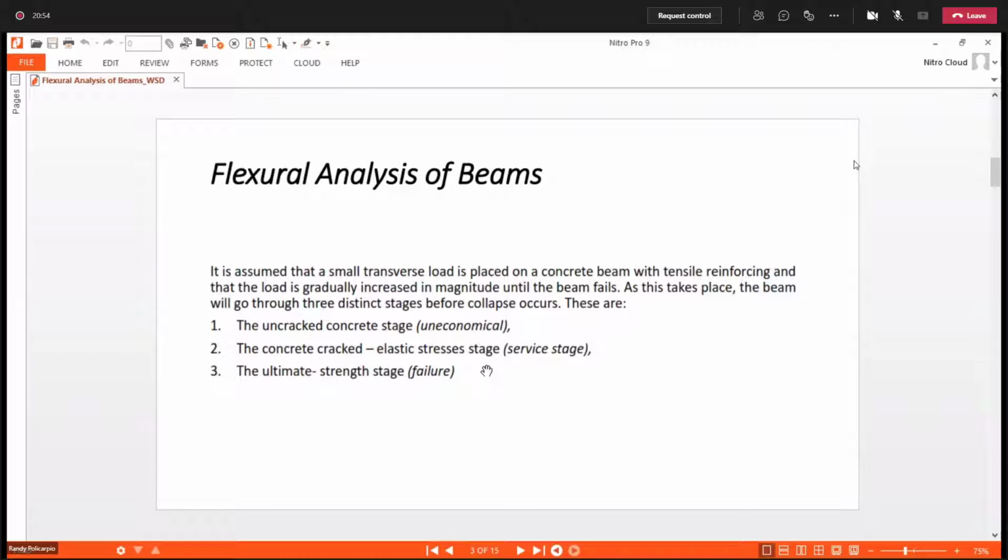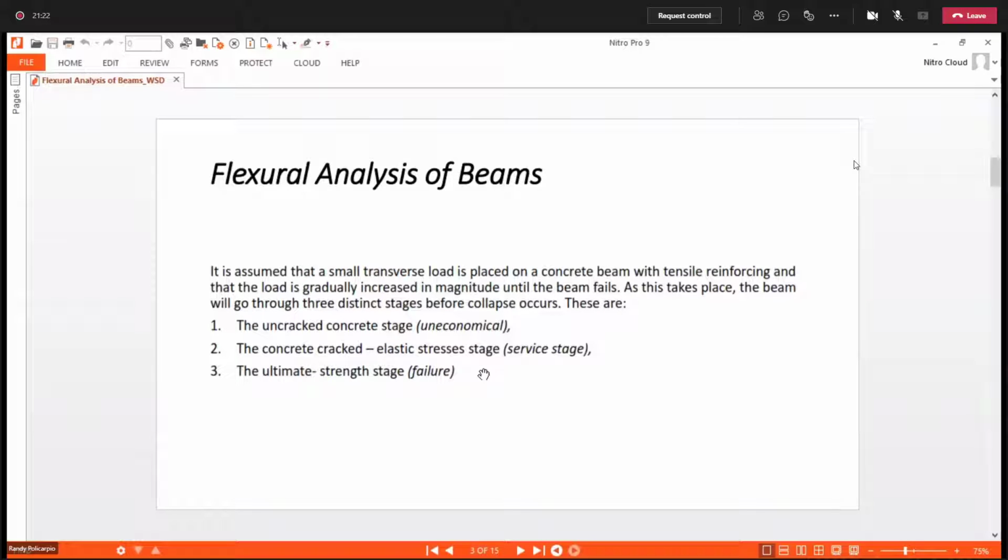Meaning our concrete behaves elastically. When it behaves elastically, it is bounded by allowables.